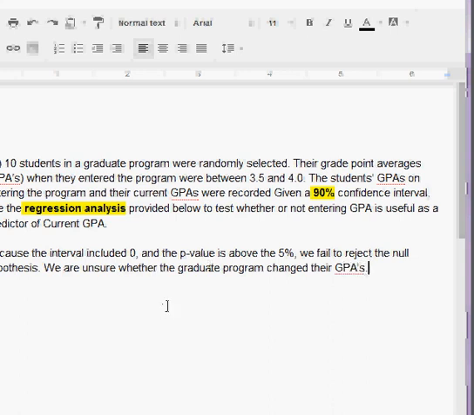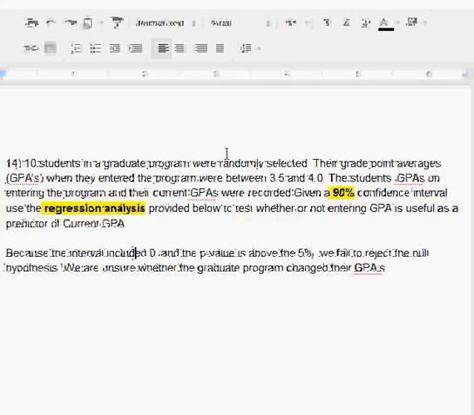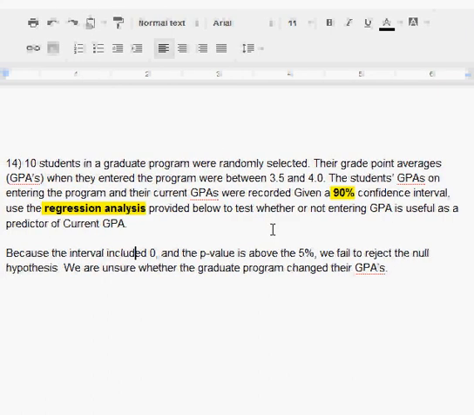Yeah, so it's a conclusion that's hard to say, but it's just saying that because 0 was included, that means the slope would be 0, and there would be no change in the slope. And practically, we failed to reject the null hypothesis, and we just need more information.